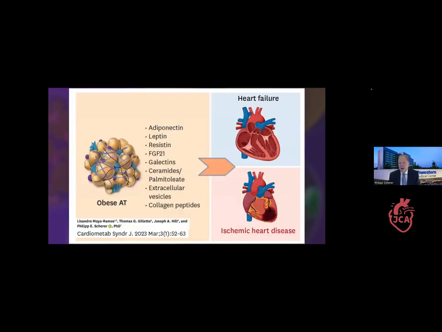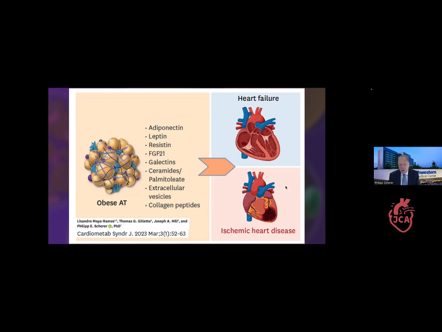In the context of cardiovascular disease, and of course its target organ, the heart, many reviews have been written about the fact that there is an inter-organ crosstalk between fat and the heart. Again, the molecules that I just mentioned include adipokines, such as adiponectin, leptin, FGF21, and others, which are either enriched or maybe exclusively expressed in the adipocyte.